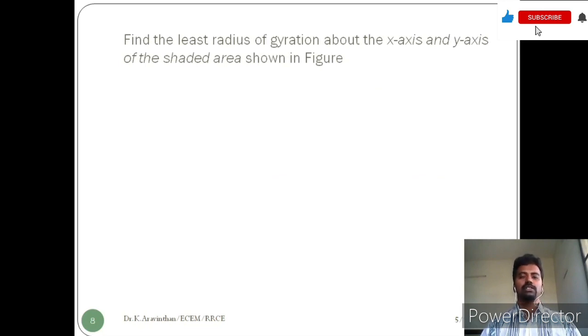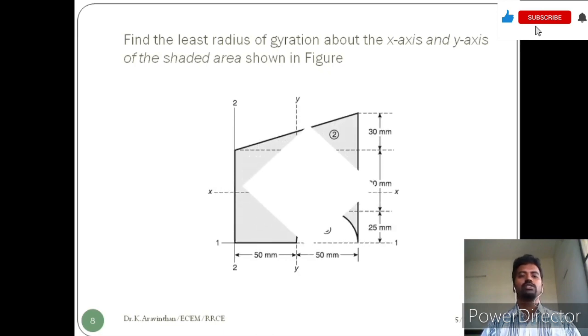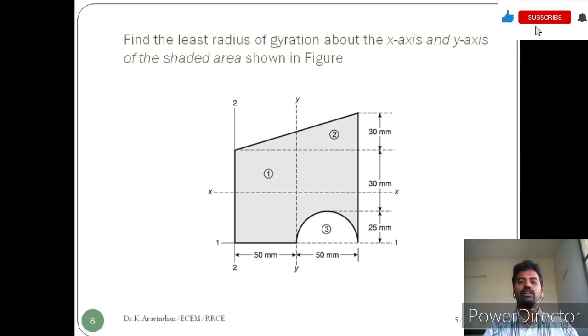Next, let us solve the third problem, and here you have to find the radius of gyration of the section. This is a built-up section which you can simplify by considering it as definite shapes. Here you can see a rectangle component, a right angle triangle, and the third component is a half circle.